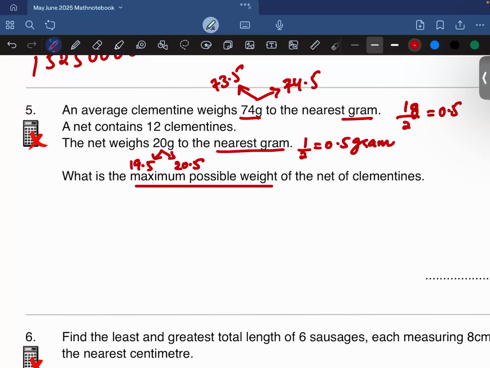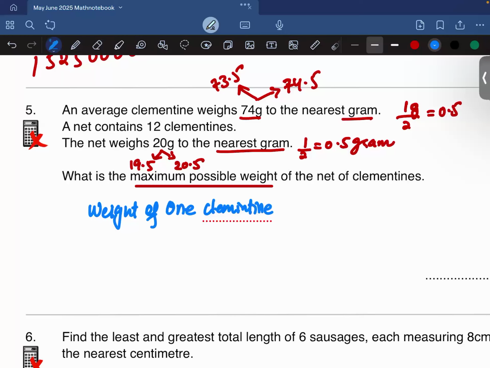What should be the formula I should make? What should I write so that I can find the maximum possible weight of the net of the clementines? A net contains 12 clementines. So weight of the net plus the weight of one clementine, sir. Yes, weight of one clementine. Agree?